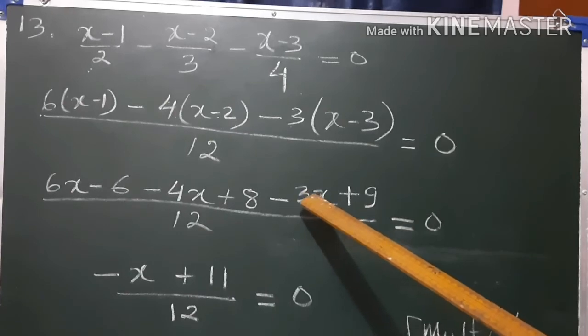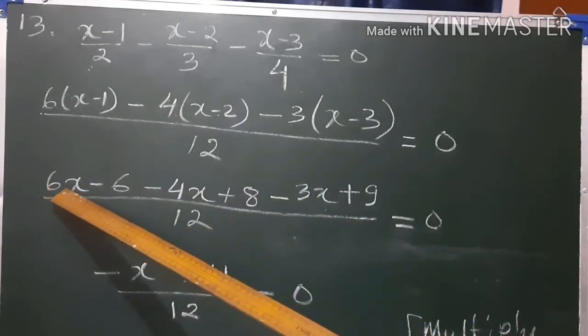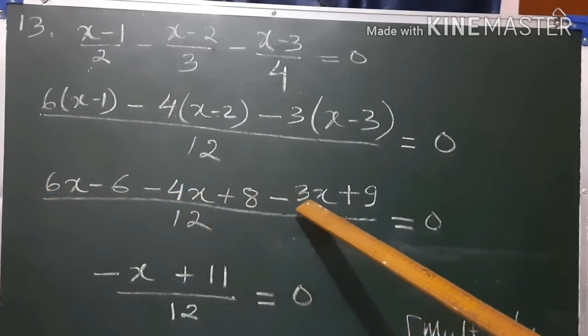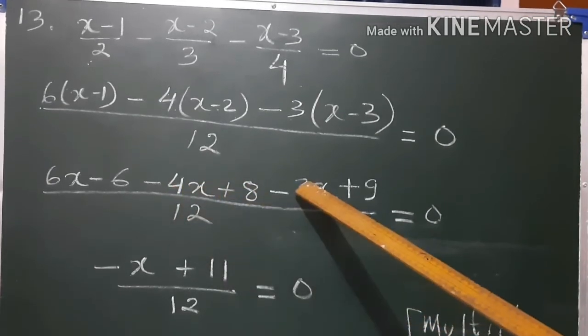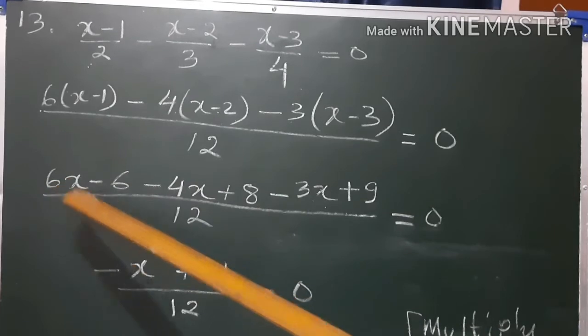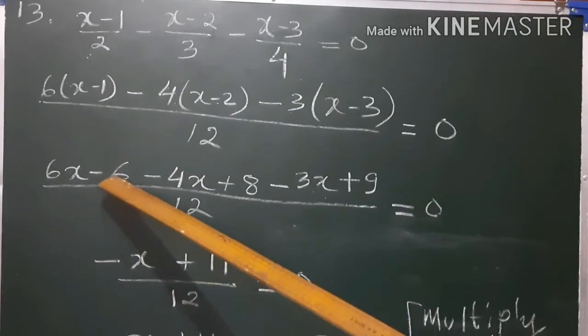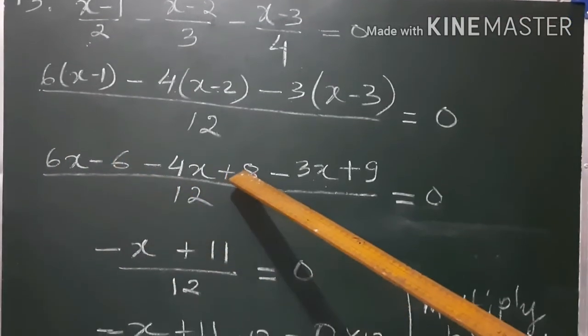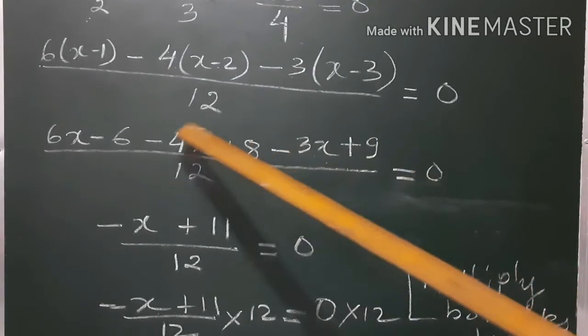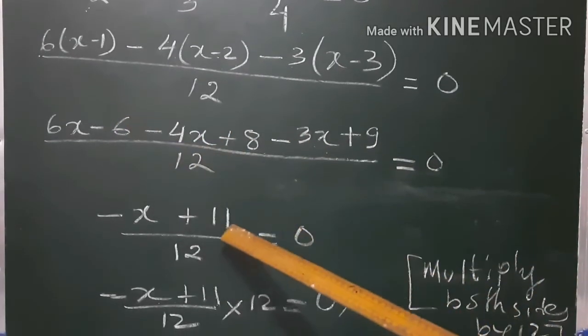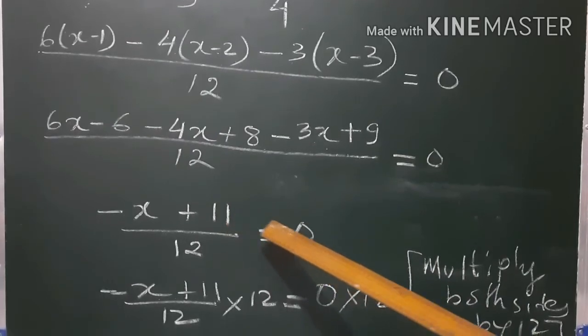Now all the x: 6x, minus 4x, minus 3x. If you simplify, we got minus x here, and minus 6 plus 8 and plus 9. If you solve this, we get plus 11, equal to 0.